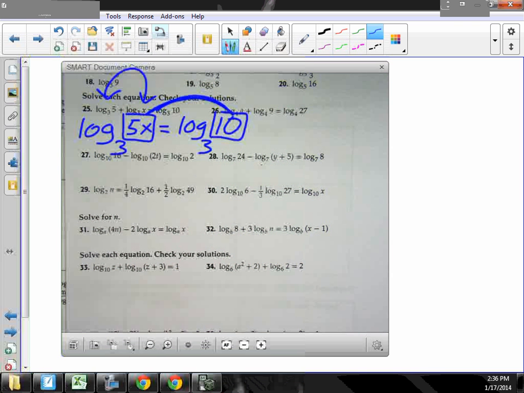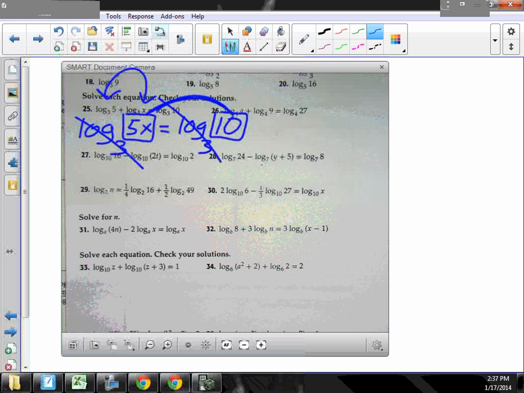So, to quote Tom Hansen, and this is his favorite thing to say in an Algebra 2 classroom, if you have a logarithm equals a logarithm with nothing else, and the logarithms have the same bases, you can drop a log. It's Tom Hansen's. So because they're the same bases, I can drop them, and I'm just left with 5x equals 10.